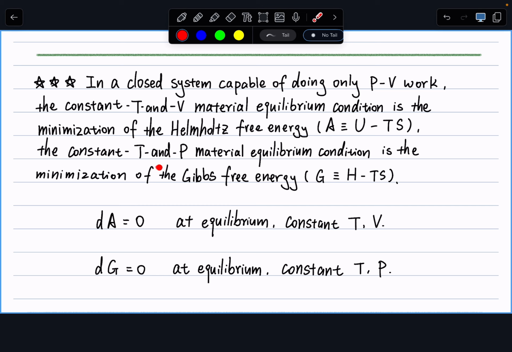Likewise, the constant temperature and pressure material equilibrium condition is a minimization of the Gibbs free energy, where Gibbs free energy G is defined as H minus TS.